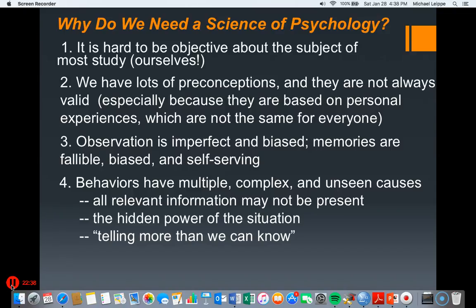We can't just rely on our introspection, or our observation of ourselves. Our explanations aren't necessarily in touch with the true explanations, because we don't have access to the higher order mental processes that are integrating all of this kind of information. Hence, another reason for why we need a science of psychology.